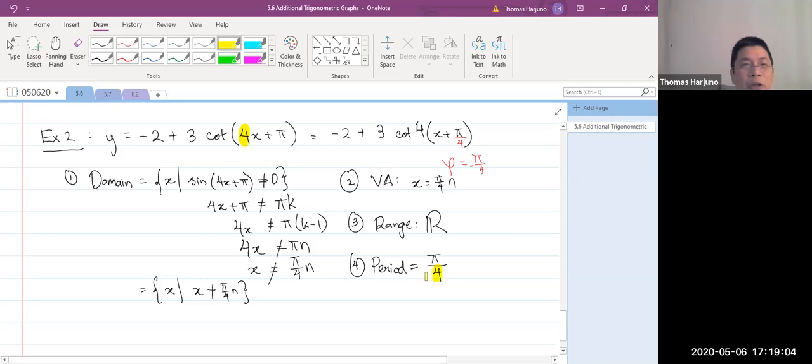If you think about it, that's the same period that we see from the asymptotes and also from the things we need to avoid. So you see, it's actually not too hard to compute, right?